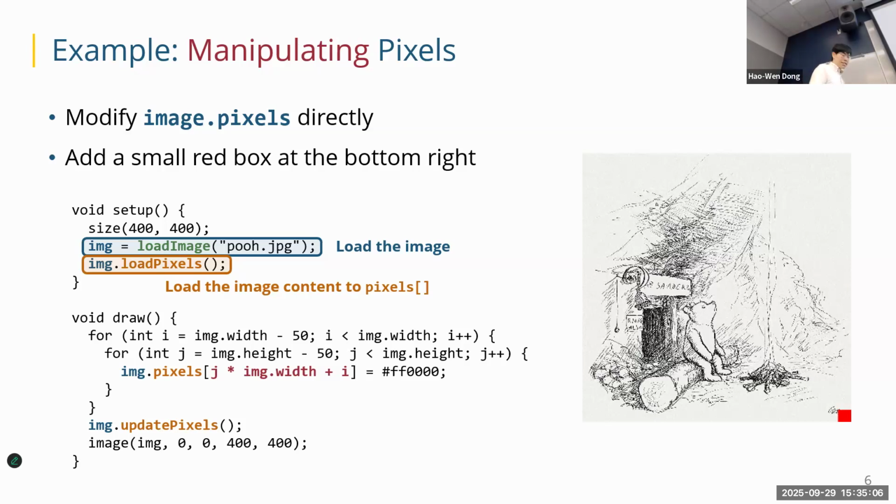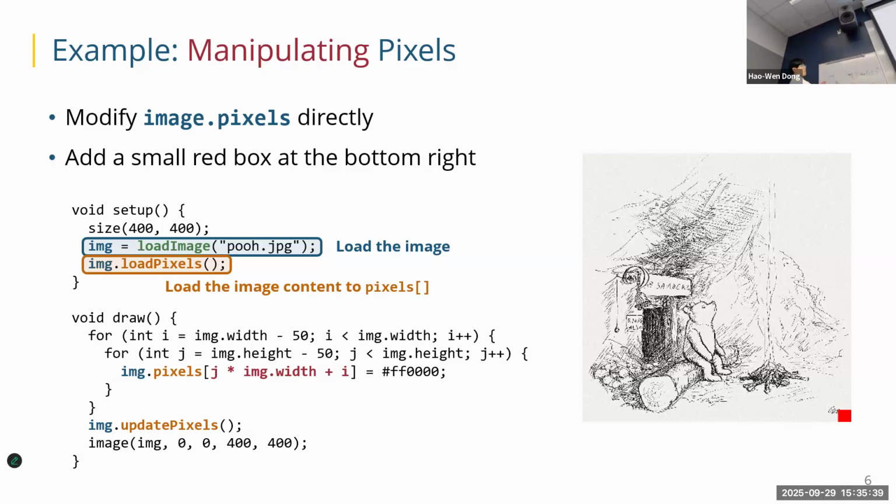The whole idea here is that the actual image that you have, and the pixels array, this is the image.pixels array. They are not always automatically synced. So you have to specifically code this so that it will sync.